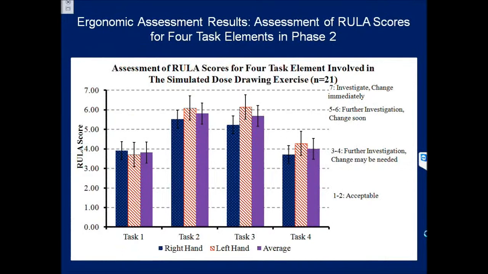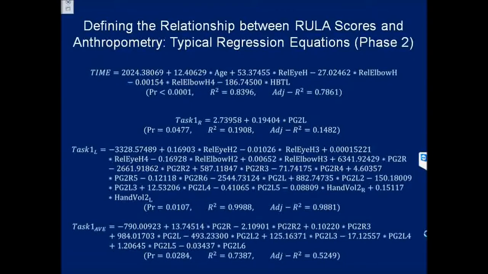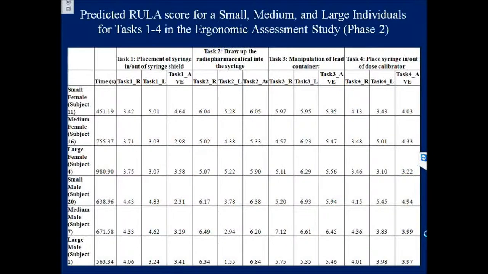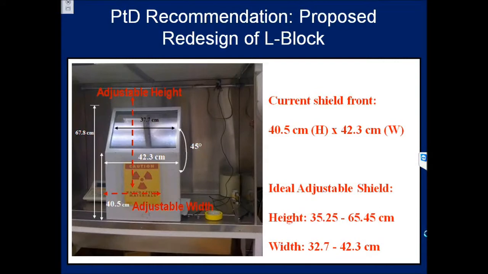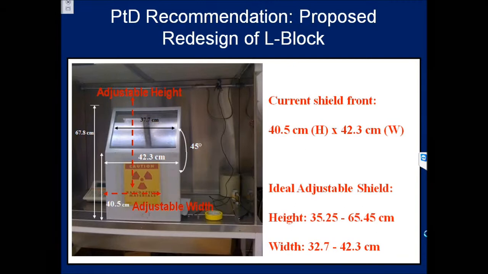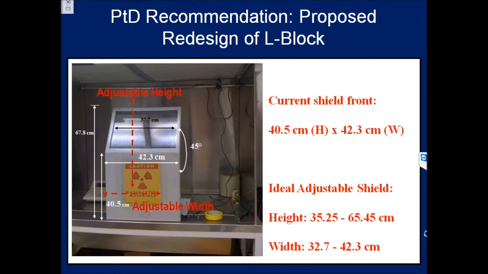And so my assessment showed that for all of these tasks I needed further investigation, at least, if not to change it right away, change it soon. And again I defined my relationships between RULA and anthropometry. One of the ways you can possibly change it is by using concepts from prevention through design. And the way I did it was by redesigning the L block.